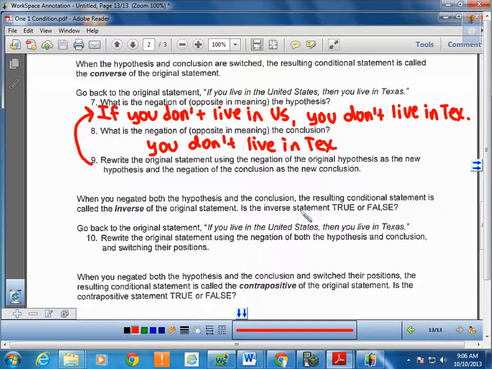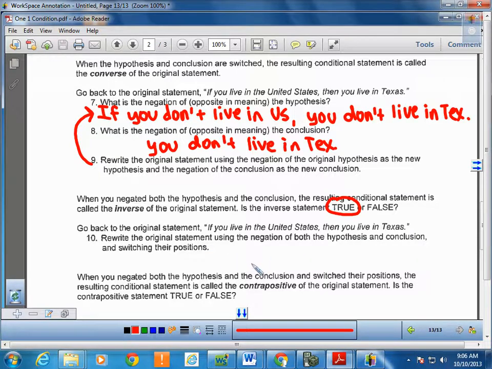Is the inverse statement true or false? In this case, if you don't live in the U.S., you don't live in Texas. In this case, it's true. Go back to the original statement. If you live in the U.S., then you live in Texas. Rewrite the original statement using the negation of both the hypothesis and conclusion and switch their positions.